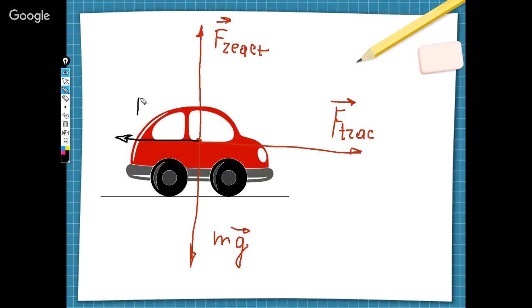Actually, it is the force of rolling friction, but we will use the expression for dry friction so as not to make our model really complicated, because the rolling friction force has a really difficult expression to calculate. So we will use an approximate expression, the dry friction force, which we will call F friction.